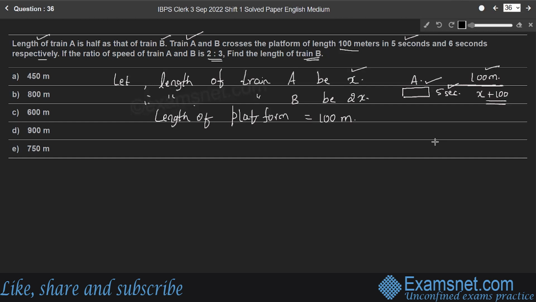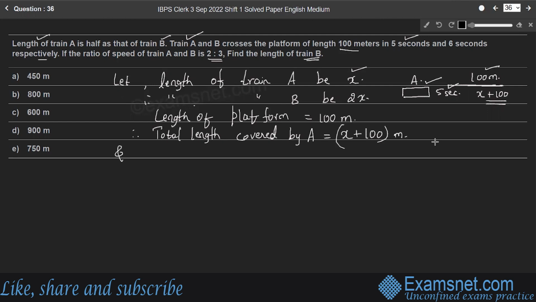So, therefore, total length covered by train A will be X plus 100 meters, right?